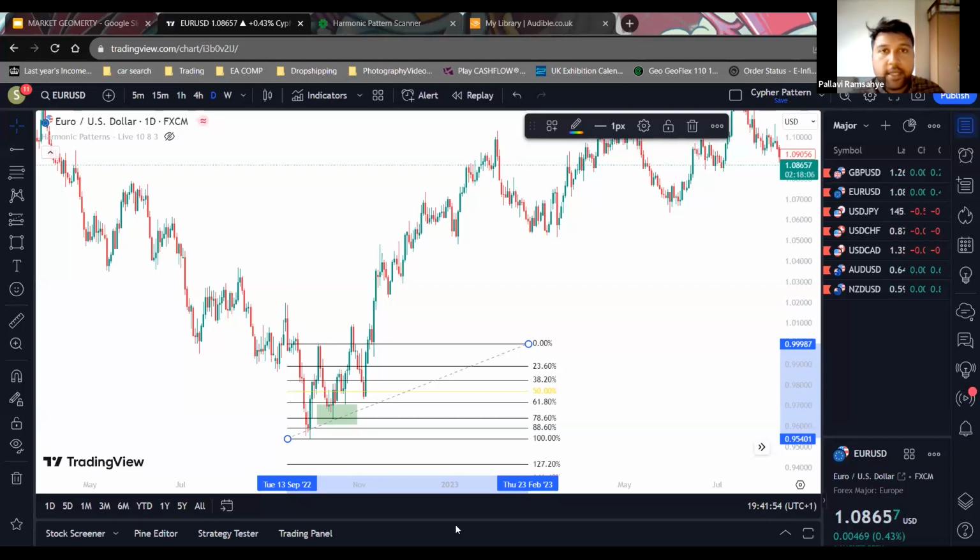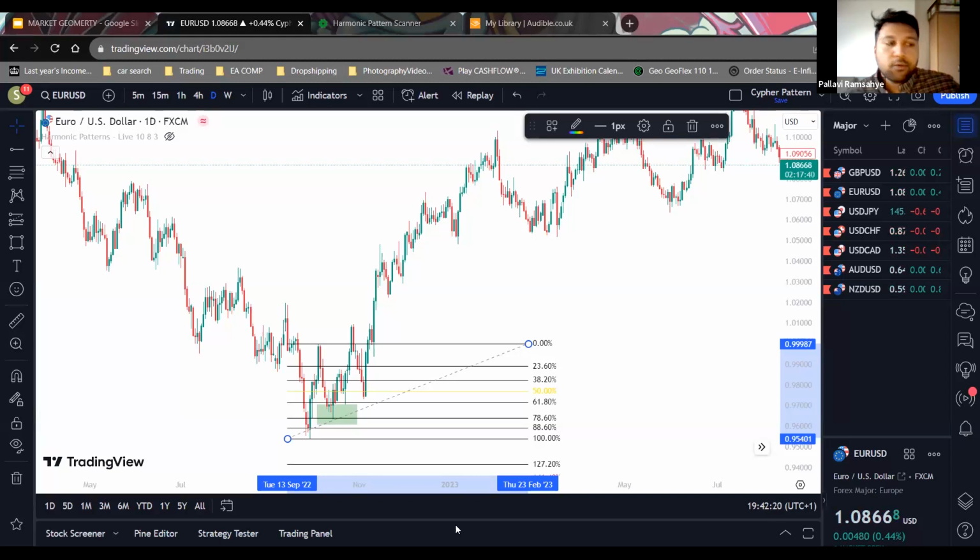For example, I use MetaTrader 4, and you're not supposed to do this, but I do it anyway because it's convenient for me. When I do my analysis on my phone, I then check it on my laptop or PC.